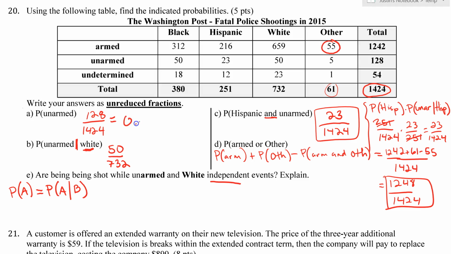This one right here is 0.0899, and this one is 0.0683. And we see, are those probabilities the same? No, they're not. In fact, the probability of someone being unarmed when they're white actually drops. It goes from almost 9% to just under 7%. So since it actually changes the probability, what we say is the events are not independent, they are dependent.